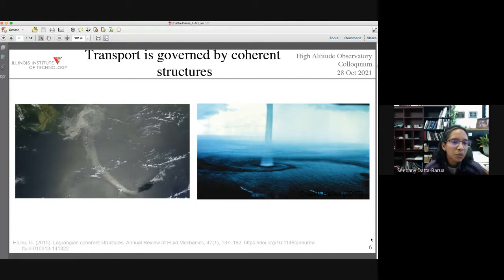So in a fluid, transport is governed by coherent structures. And here, these pictures from the Haller review paper are intuitive examples. On the left is an image of the Deepwater Horizon oil spill.